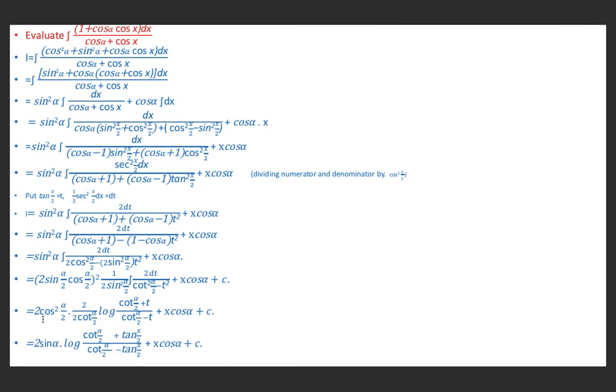And we know that 2 sin alpha by 2 cos alpha by 2 is 2 sin alpha. So we have here 2 sin alpha log cotangent alpha by 2, and t is tangent x by 2, which we have substituted here. So it is plus x cos alpha plus c. C is the constant of integration. Whenever we integrate, always write the constant of integration.